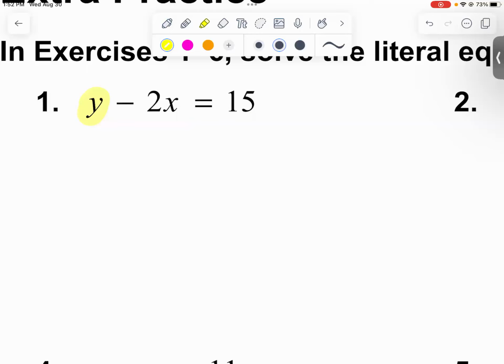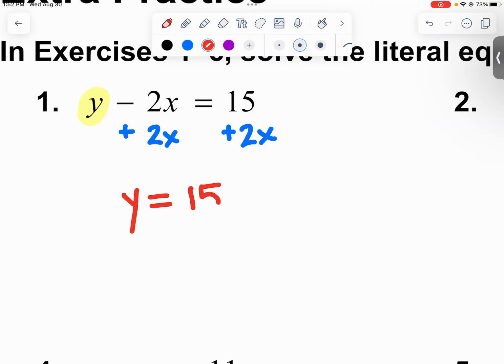Okay, so 2x is being subtracted from Y, which means if I want to undo that minus 2x, what operation are we going to have to do? Okay, so we need to add 2x to both sides. So now we have Y equals 15 plus 2x.